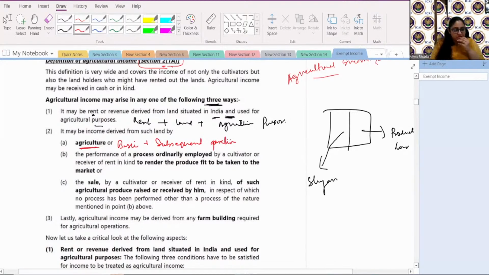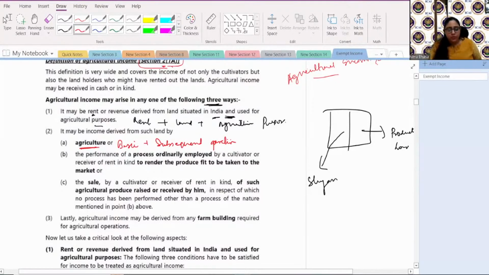What can be basic and what can be subsequent? Basic operations are those which are very necessary for getting the produce, the basic primary functions or absolutely necessary functions for growing the produce from the land, like plowing and sowing of seed. These are all basic operations.